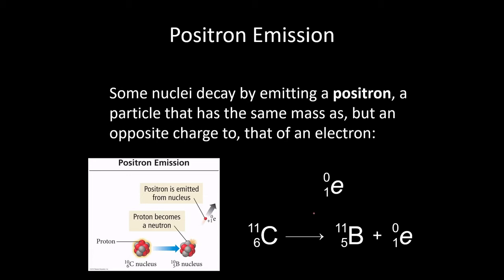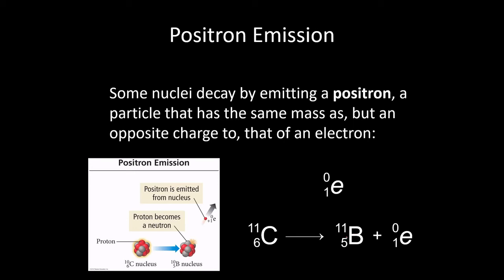And so in this case, once again, the mass number does not change because the positron does not have mass compared to protons and neutrons, but the atomic number will change. So in the example here, we have carbon 11 has 6 protons. When it undergoes positron emission, because carbon 11 is most certainly not stable, it turns into boron 11, and it releases that positron.